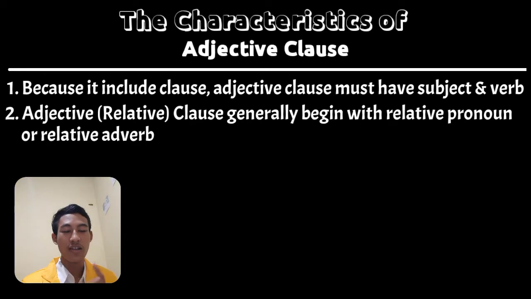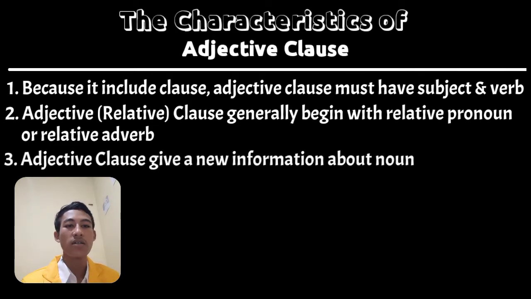Adjective clause or relative clause generally begins with a relative pronoun like that, which, whom, and whose, or a relative adverb like when, where, and why. 3. Adjective clause gives new information about a noun. So, do you understand about adjective clause?